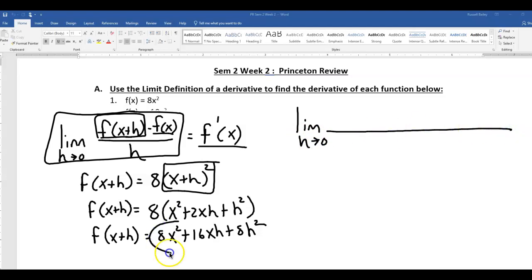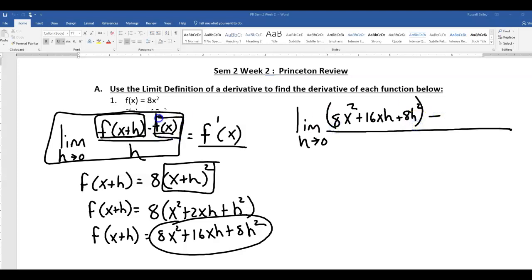And I'm going to put this entire thing, in parentheses, where the f of x plus h goes. And then minus f of x, which we already know up here. F of x is 8x squared, so that's easy to toss right in there. And then h goes on the bottom here.